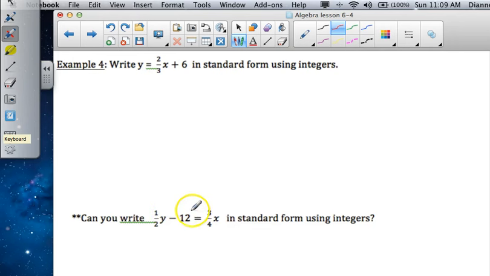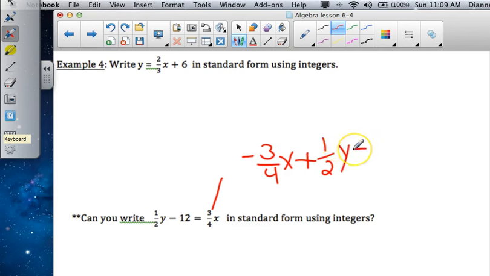So how about this one? 1/2 y minus 12 equals 3/4 x. So I'm going to get my x to the left and my constant to the right. So this one up here, I'm going to make that -3/4 x, because I just subtracted 3/4 x from both sides, plus 1/2 y equals, I'm going to add 12 to both sides.